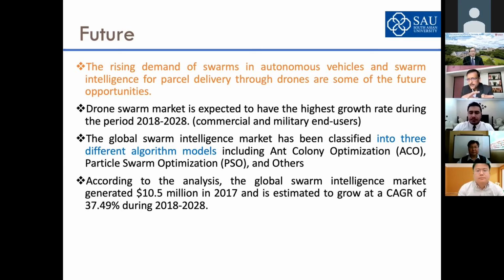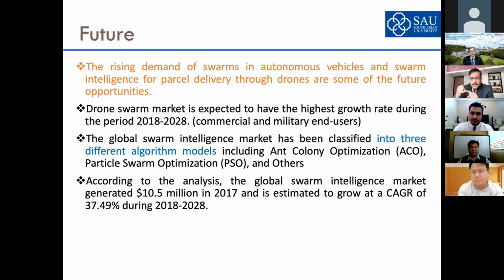The parcel delivery system, defense, and search and rescue missions are ultimate applications of the drone swarm. The major challenges in the drone swarm are the development of the algorithm and, of course, hardware-related problems. I'm not much aware of the hardware, but while working on the project, I realized that powering the drones for long endurance is the major problem.